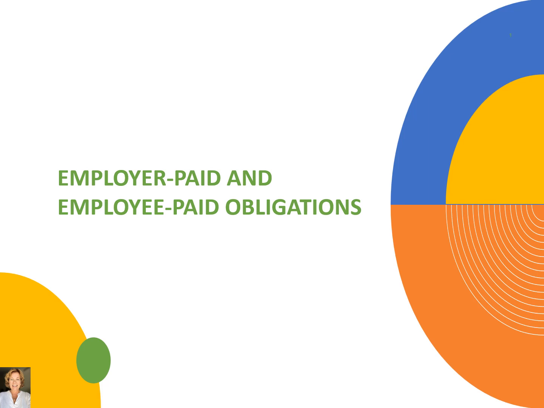That is often one of those circumstances where the payroll information did not match the quarterly and annual tax filings, and the employer had to correct the annual forms to match the payroll information. In this video, we'll learn about employer-paid and employee-paid obligations and what payroll accountants must do to ensure compliance.